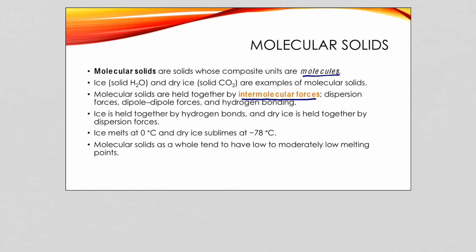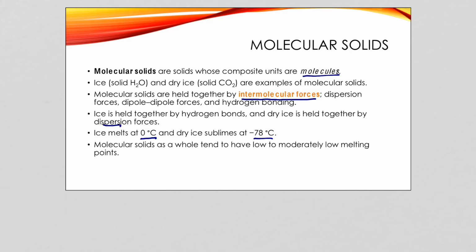So we talked about the hydrogen bonds in ice, whereas dry ice is only dispersion. And we notice, of course, ice melts at a much higher temperature, 0 degrees, versus dry ice, which doesn't melt, it sublimes, a similar transition, but at a much lower temperature, minus 78 degrees. So what that's telling me is that because ice melts at a higher temperature, it has a much stronger type of intermolecular force than CO2 does.